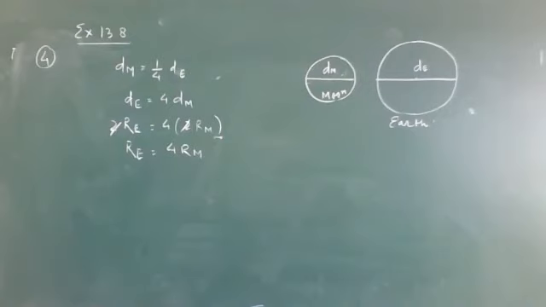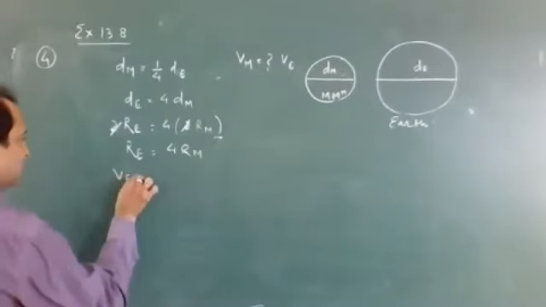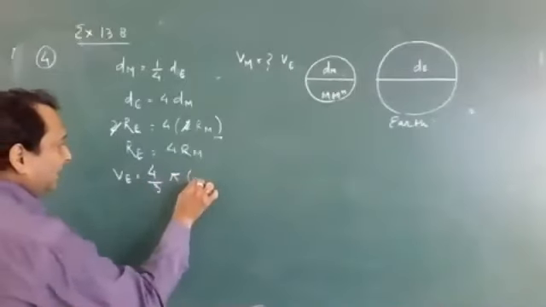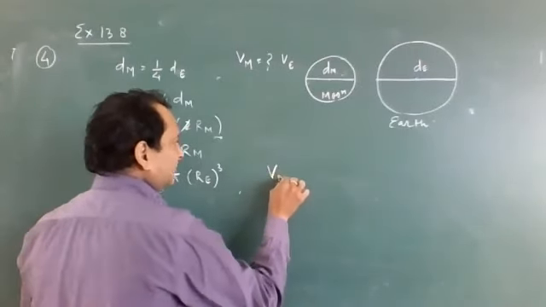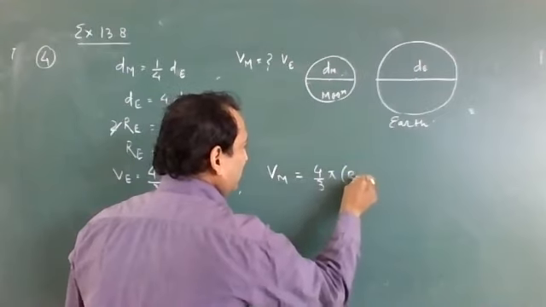That is, we have to find the volume of earth, which is equal to 4/3 pi radius of earth cube, and the volume of moon, which is equal to 4/3 pi radius of moon cube.